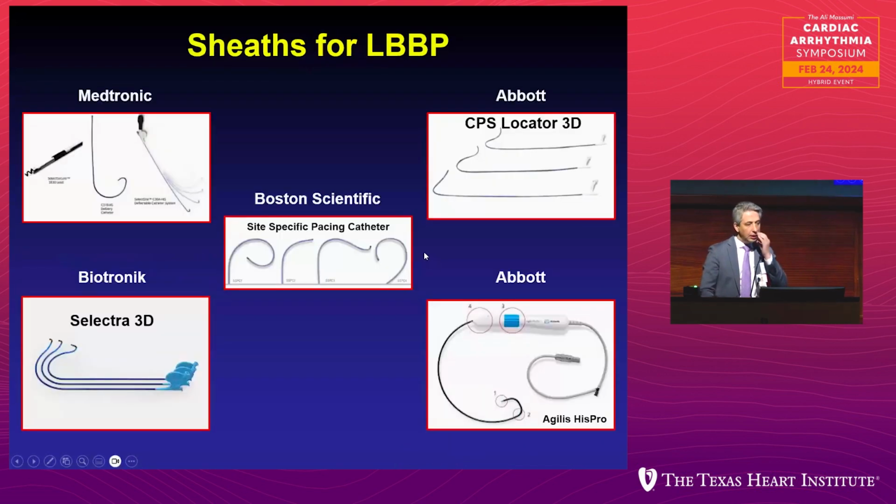In terms of techniques, all the device makers have developed sheaths to target left bundle area pacing, and here you have an example from each one of them. They have slightly different curves, so it's good to have all of them in your armamentarium in case you have to adjust to different anatomical conditions.